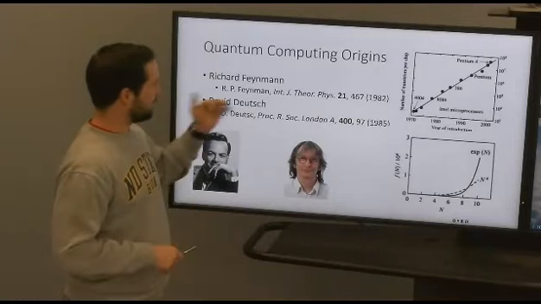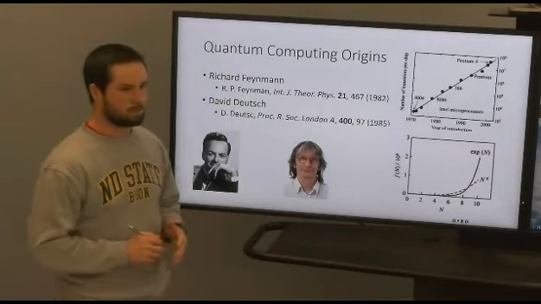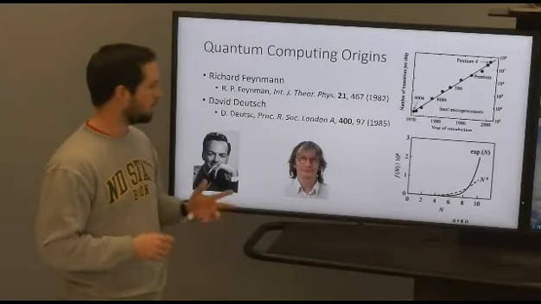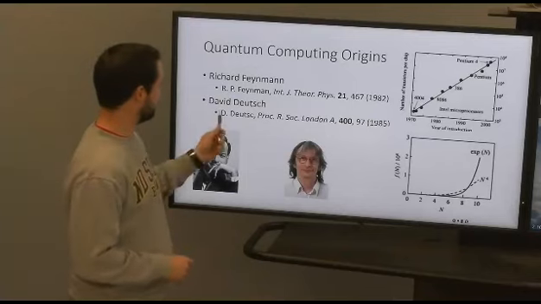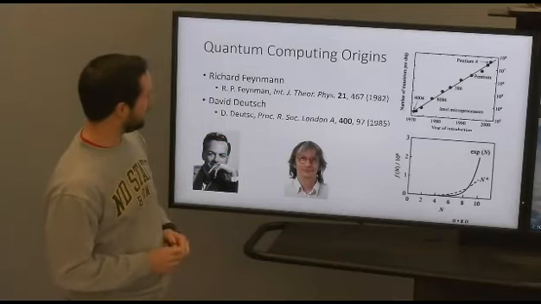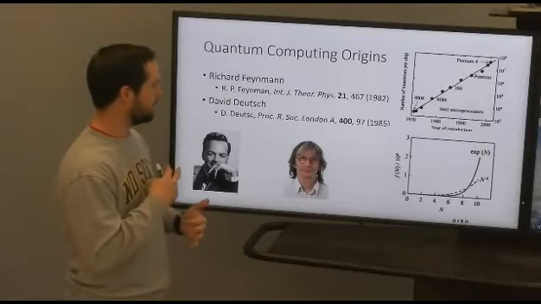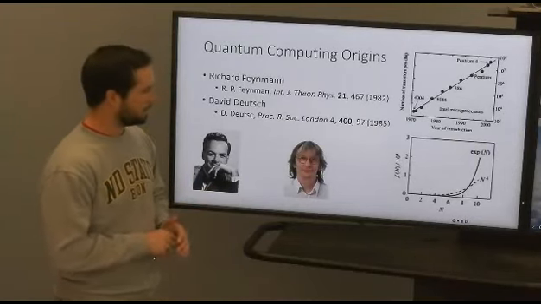Richard Feynman in 1982 proposed putting quantum mechanical effects hardware into these computers to make quantum computers. And then David Deutsch came up with a theoretical paper proving how this could actually work.